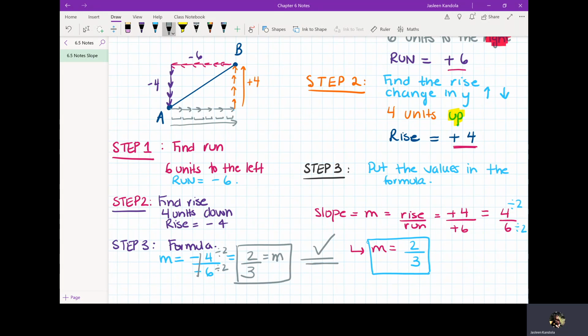So it doesn't matter which way you go. In fact, from point A, instead of finding run this way and going up, you can actually go rise and run.